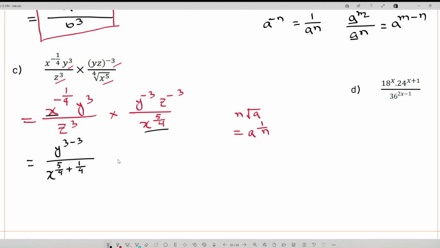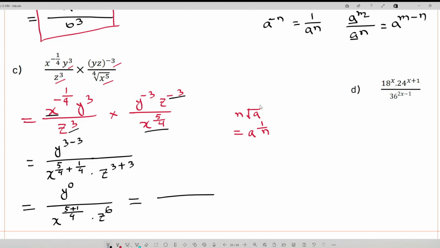Okay. Now z, here is z to the power minus 3 and in the denominator z to the power 3. So we can write like this, z, this 3 and this minus 3 will become plus 3. Okay. So y, 3 minus 3, it will be 0, and x, here we will make an LCM 4, so 5 plus 1, and z becomes z to the power 6.